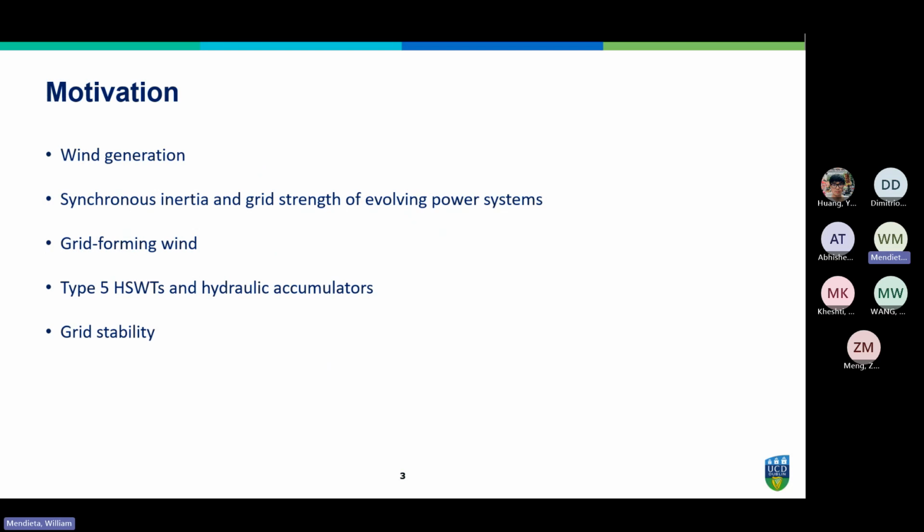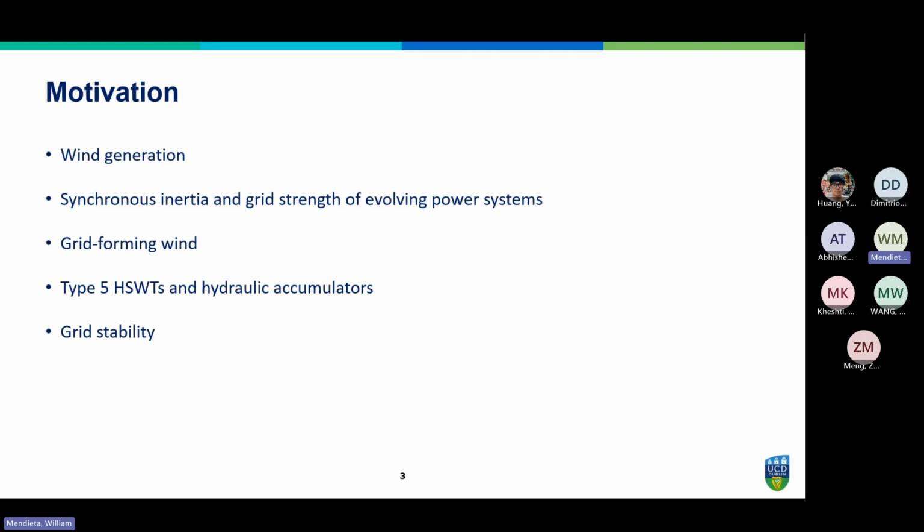So with respect to the motivation, the forecast for the coming years shows a further acceleration in the integration of new wind projects. And for many countries, wind energy will represent the most widely used form of renewable energy sources. So when operating a power system with a large share of wind generation, the system's synchronous inertia and grid strength is typically reduced.